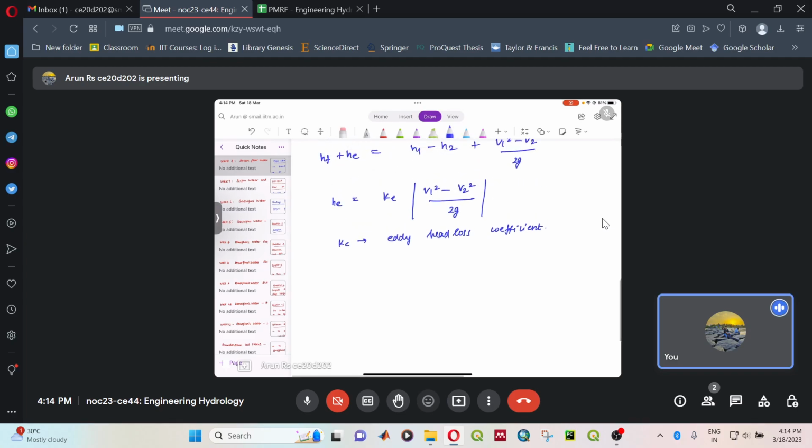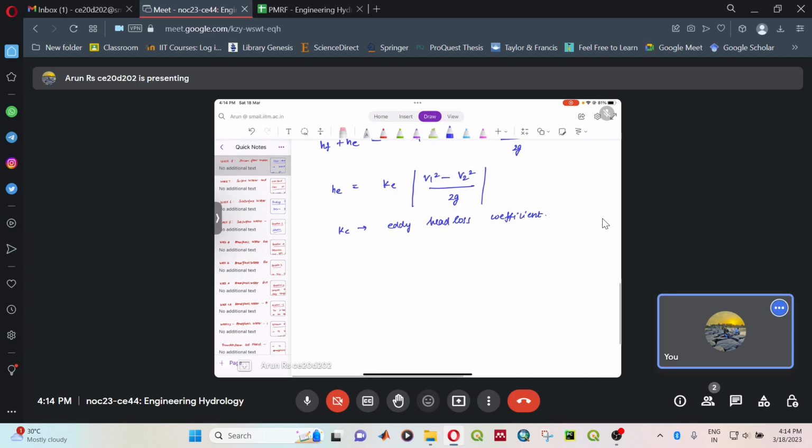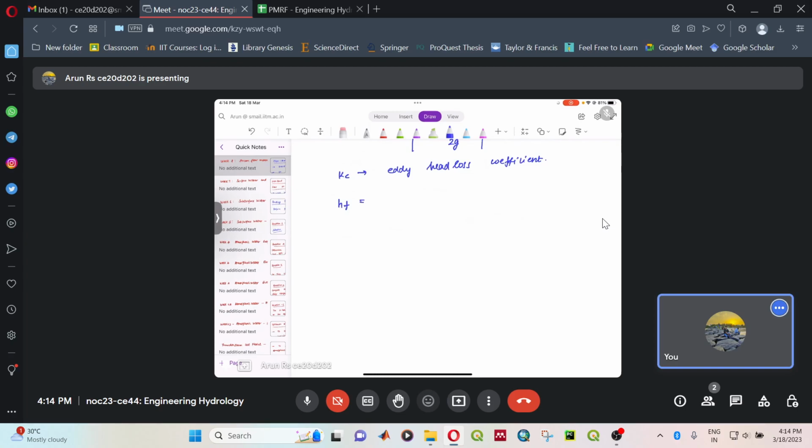Now we need to determine the head loss due to friction. That is the component which we want for this particular method. So hf is equal to h1 minus h2 plus v1 square minus v2 square divided by 2g minus he.